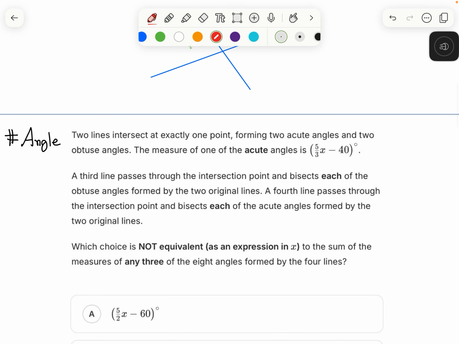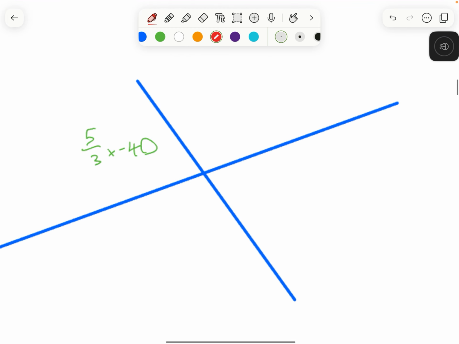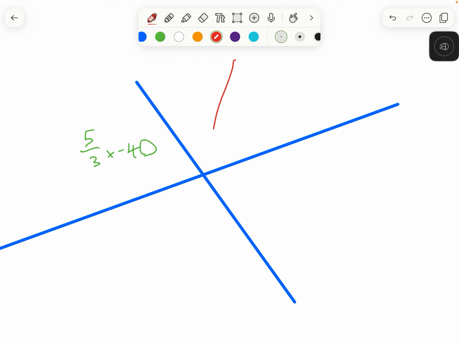We have a third line that passes through the intersection point and bisects each of the obtuse angles. So what that means is that third line goes through this point in the middle and it bisects this obtuse angle here. That means these angles here are congruent to each other. Likewise, same.